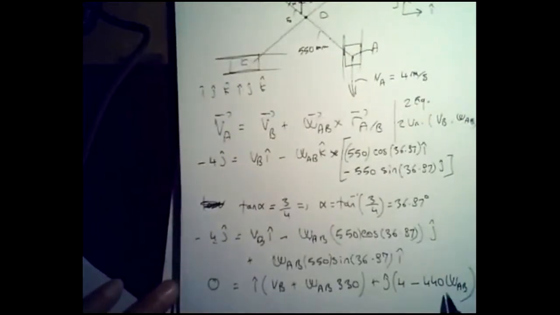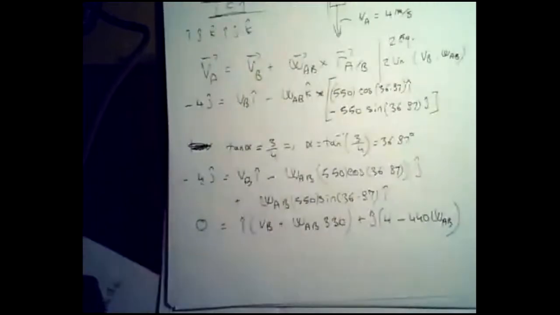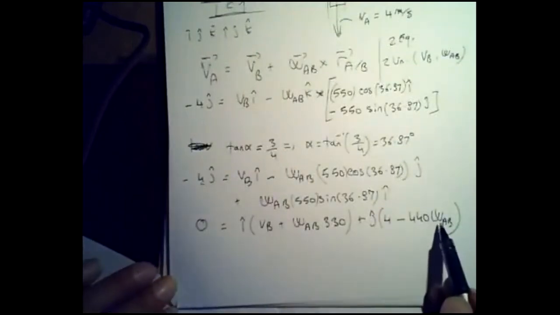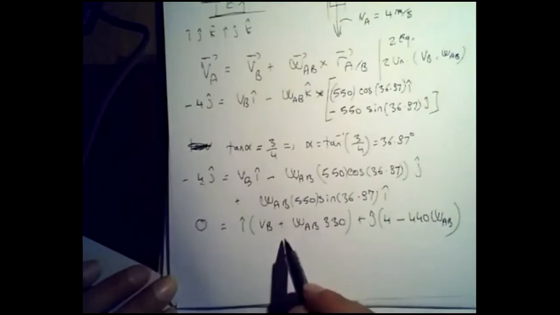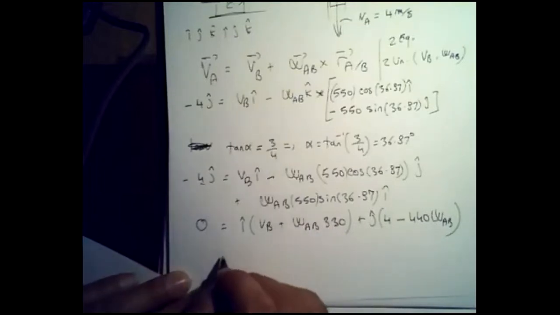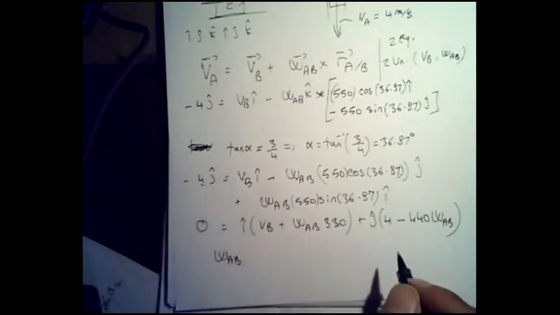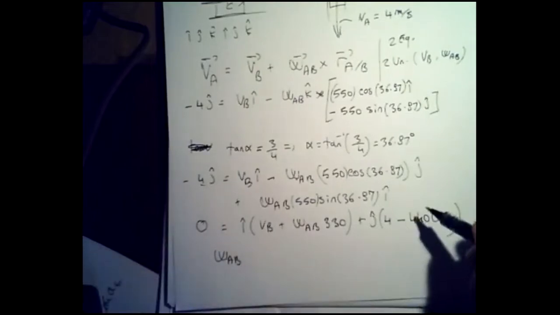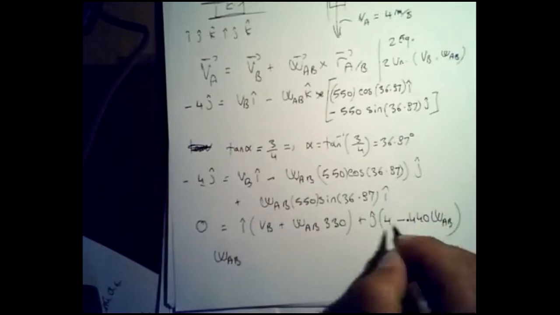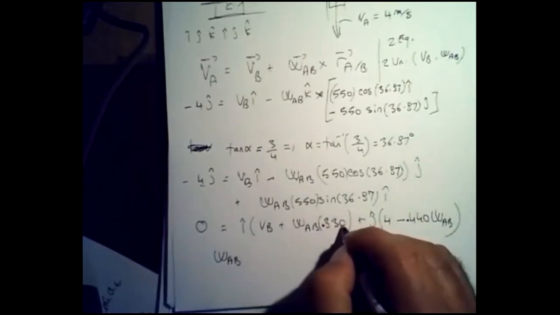Okay, so here we can first solve for omega AB, right? We can use this equation to solve omega AB, and then we can use this guy to solve for VB, right? So omega AB, but here we have an issue. This should be 0.4, because this was in millimeters.